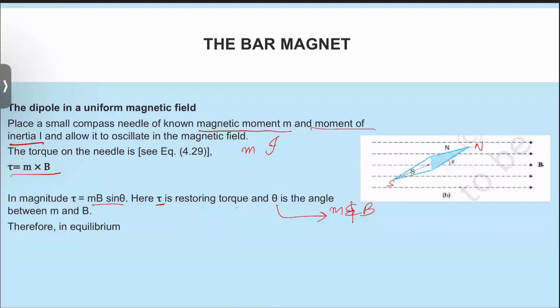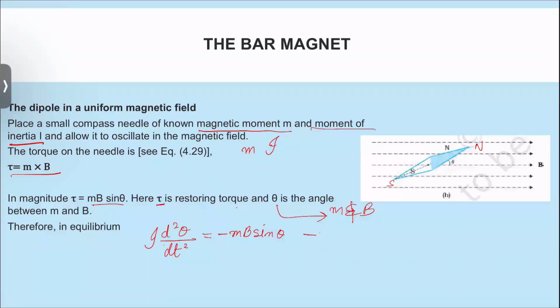If we are considering the compass to be in equilibrium, so that there is no deflection, and the forces acting on the two ends of the needle are the same, what we get is I, the moment of inertia, d square theta by dt square is equal to minus mB sine theta.